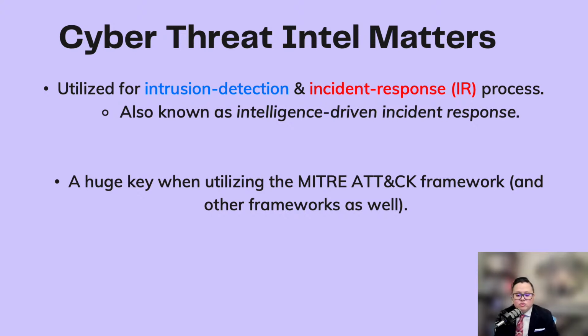Some of these philosophical razors, such as Occam's razor or Hanlon's razor, which is a philosophical razor that simply means never attribute to malice that which can be explained by stupidity, can actually impact your cyber threat intel and your decision making. So I'm not going to get into that rabbit hole right now for the sake of time, but I just want you to be aware that because we're human, we all have cognitive biases, and we need to be aware of them when we are being clouded in our judgment by these cognitive biases. Because as humans, we are all biased to a degree.